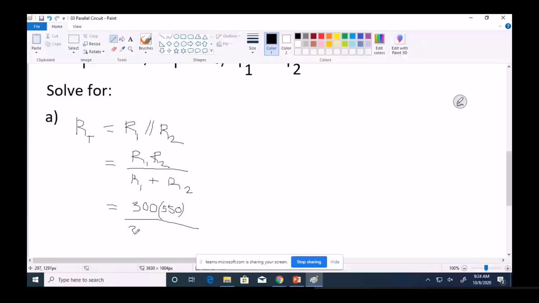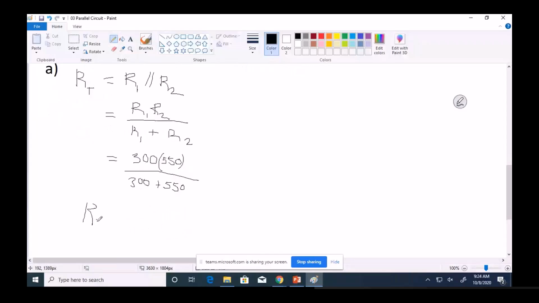What is the answer? Give me the answer for this. 194.11. Okay, correct. R total equals 194.1 ohm. That's the answer for the R total.